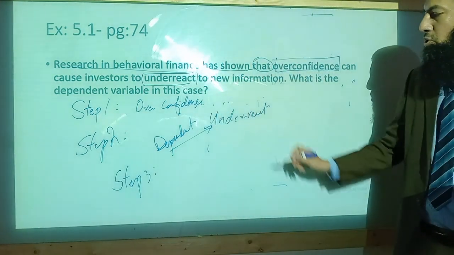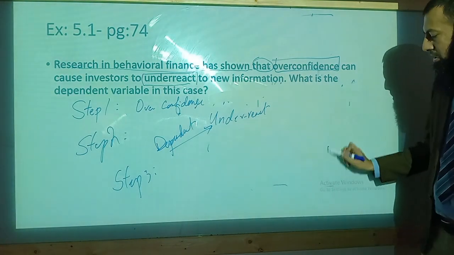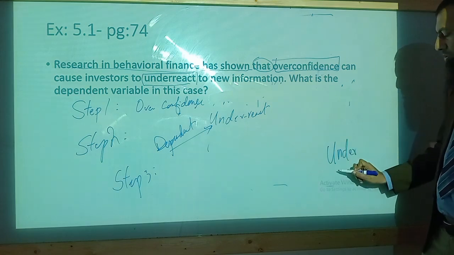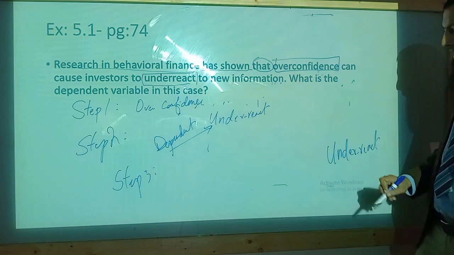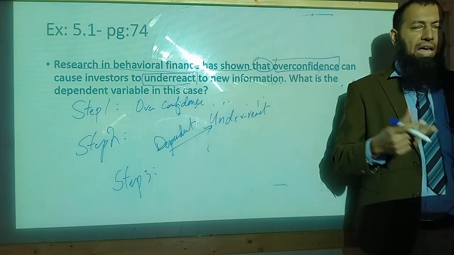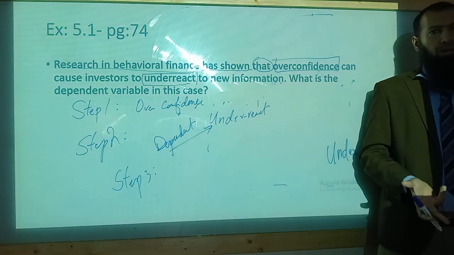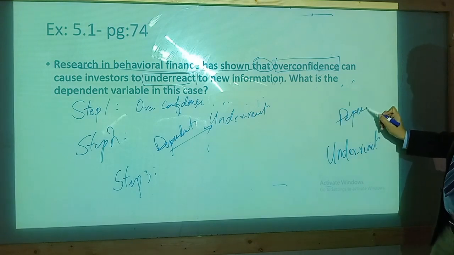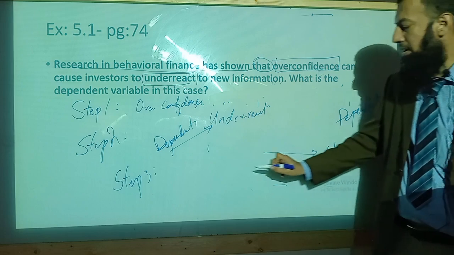Conceptual model. So when out of two variables, one variable is underreact, what should be the next one? What should be the next one? Whenever there are two variables, one variable has to be dependent, so the other must be independent. So when we say it is dependent, there must be an independent.